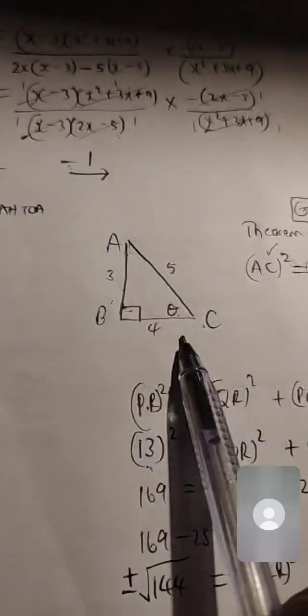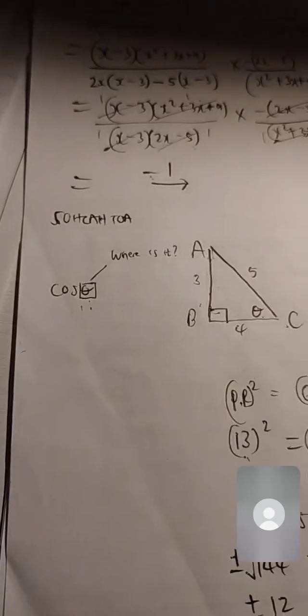The first thing you need to say to yourself is, okay, the sir is asking me what is cos theta. So this angle here, where is it? Do you see the angle theta in the diagram?